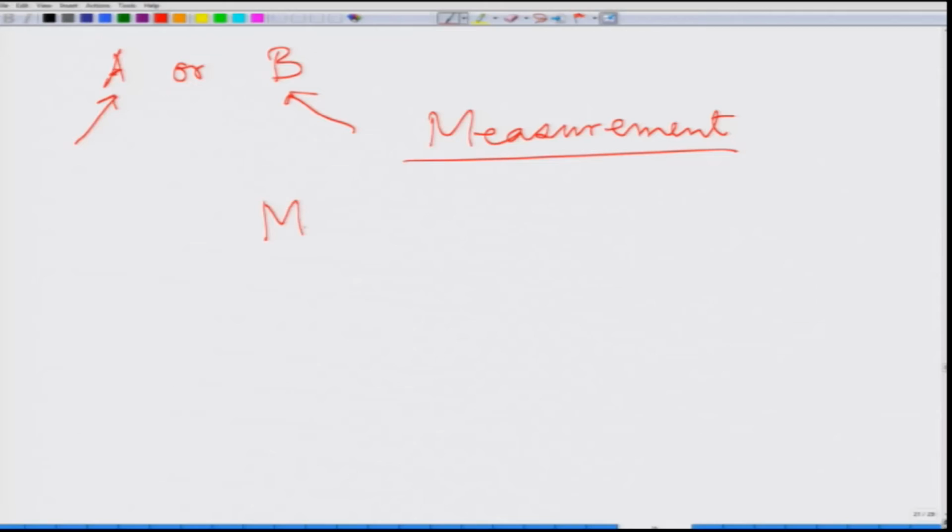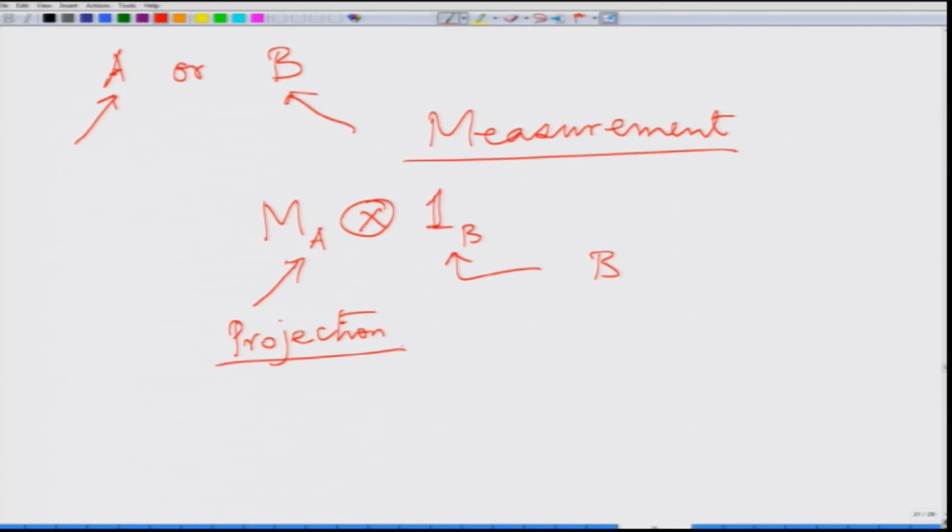So, in this case, if you are going to define a measurement operator, then you have to make a measurement operator which looks like this, say for the state corresponding to this, or more importantly I think it is better represented in terms of the identity matrix. The identity matrix works on B, which means that B remains unchanged, A is the one whose amount you are going to measure. That means the projection comes from A. So, this is the first measurement that we talked about, where we were making measurements of this.